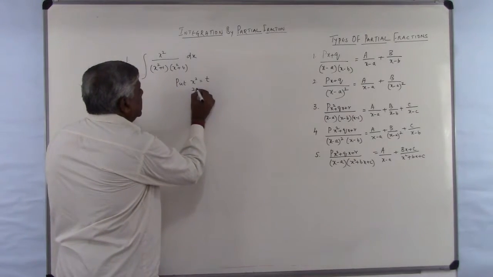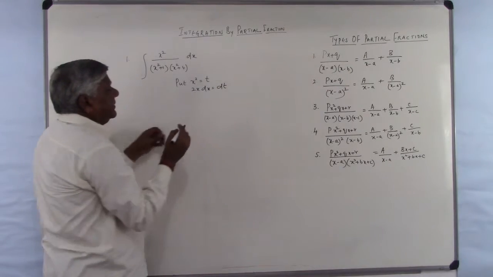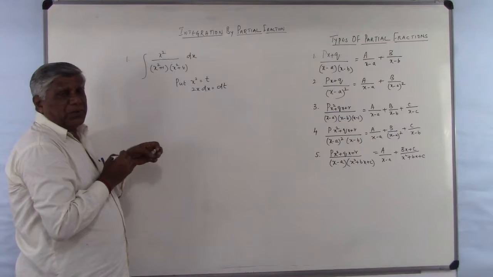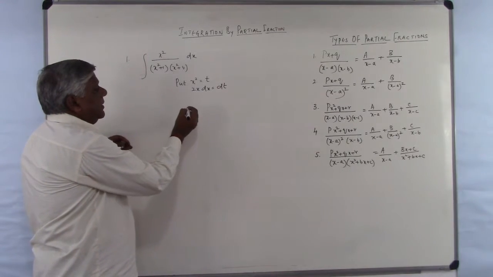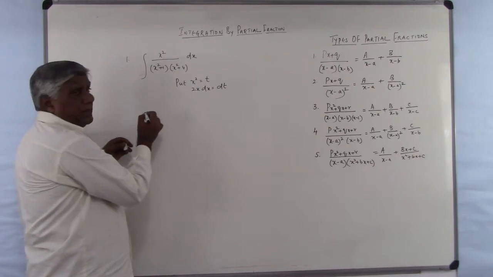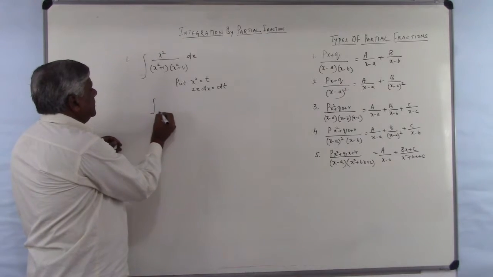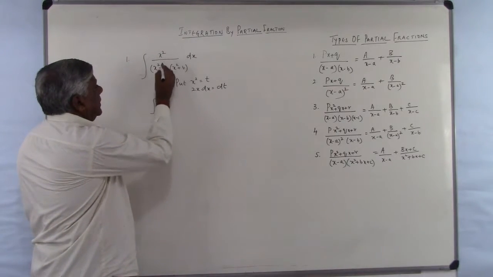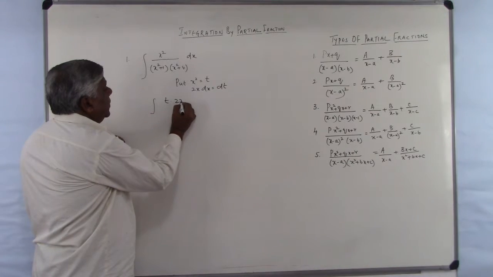Therefore 2x dx is equal to dt. Now here, see integral t into 2.